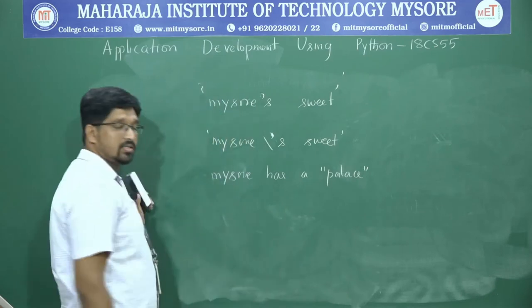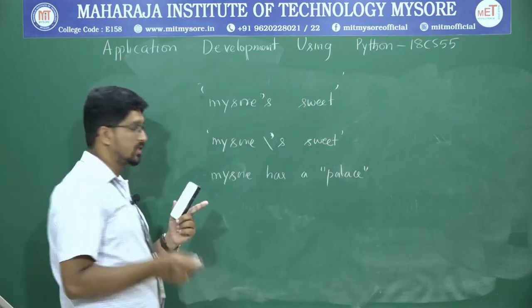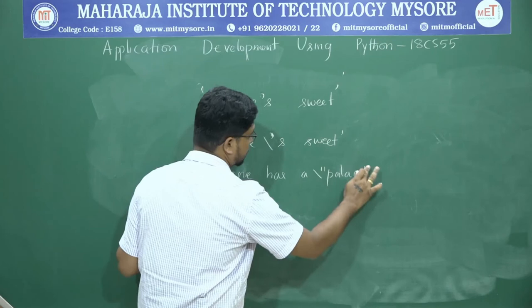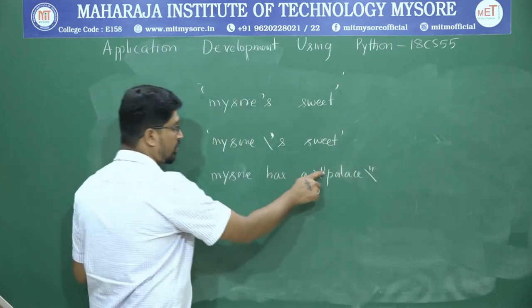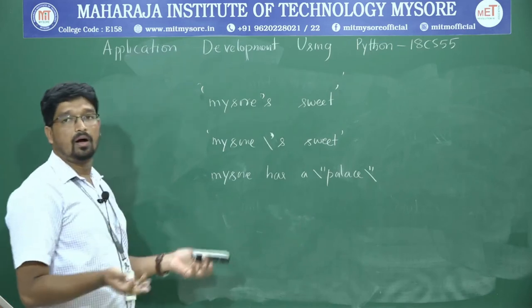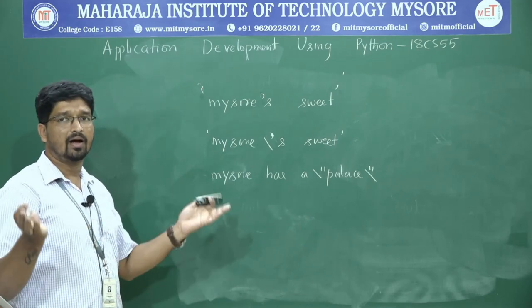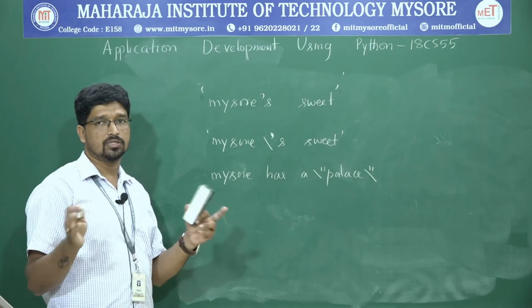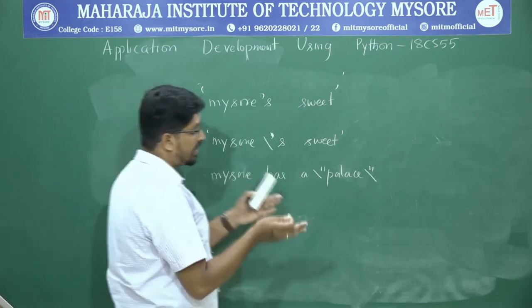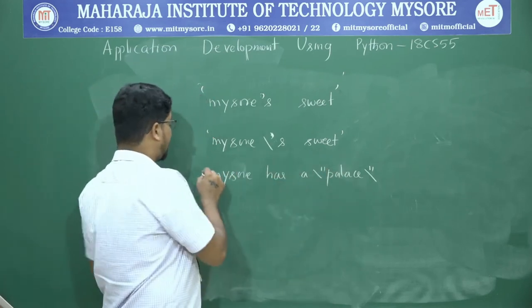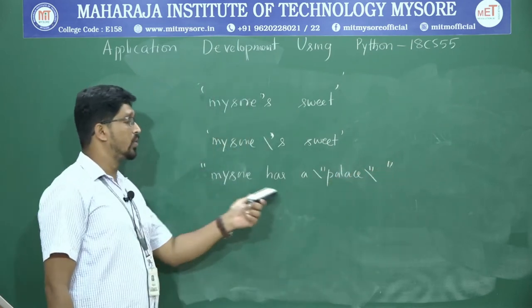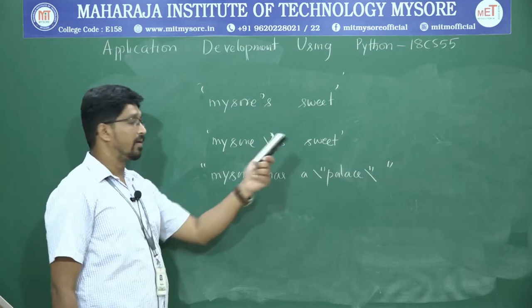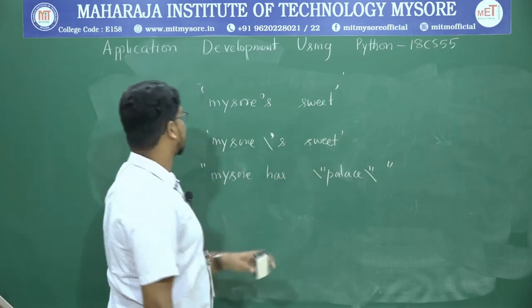Then let us say you write Mysore has a palace. If you want to have a double quote in your string, you can use an escape sequence. Then the double quote is not treated as a starting or ending quotation; it is treated as a part of the string.